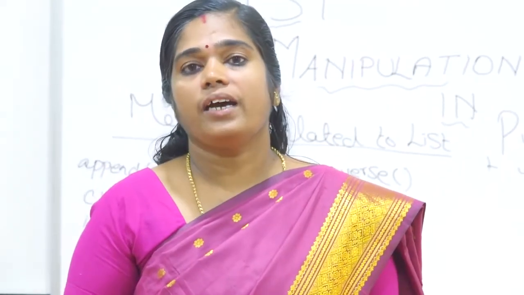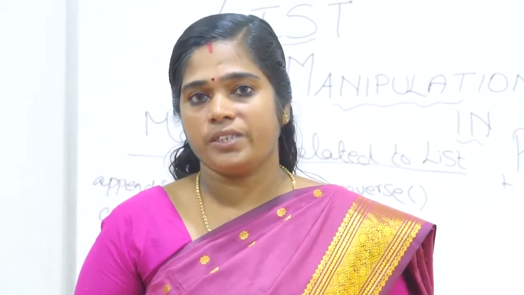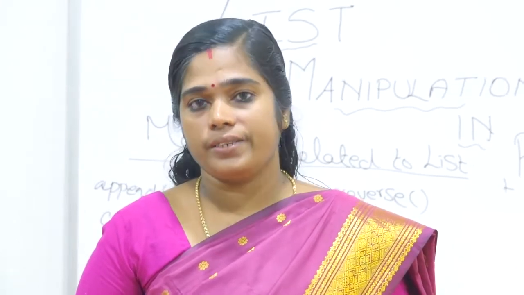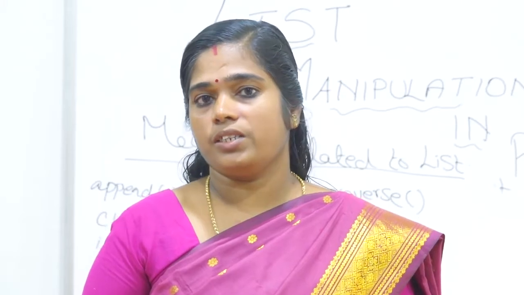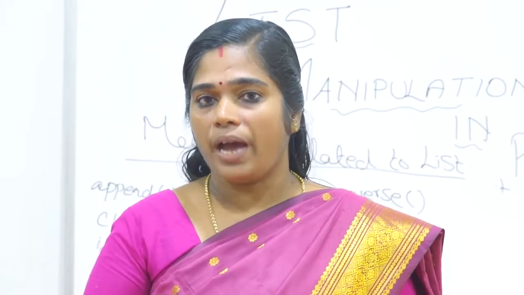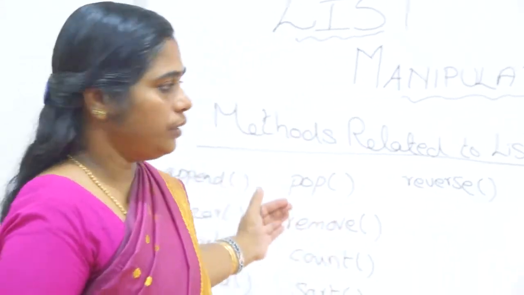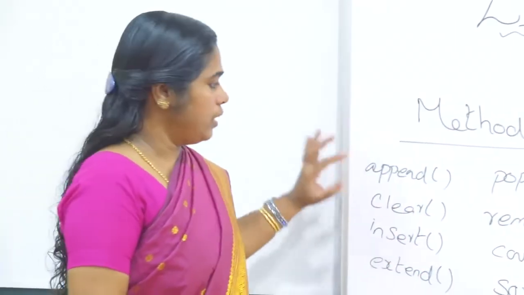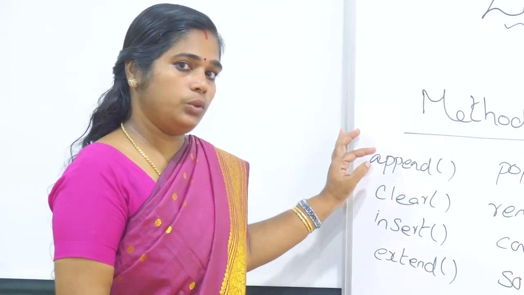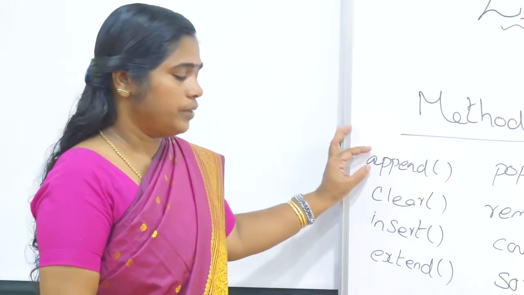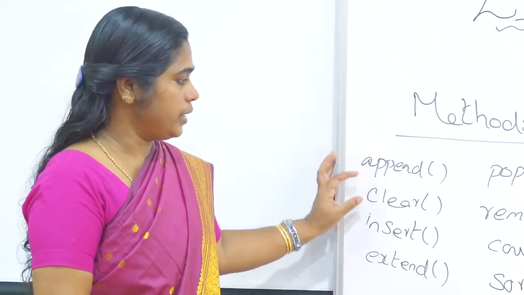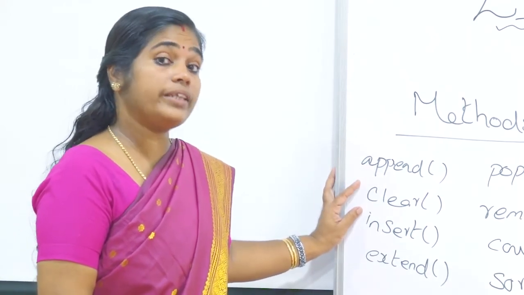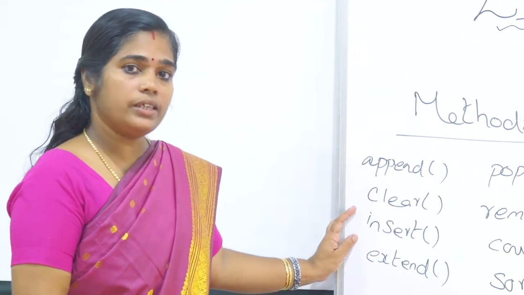In Python, there are various methods that help us to manipulate a list. These methods are built-in methods which help us in our program to manipulate the list for our needs. See, these are all the methods available in Python to manipulate the list. The append method helps you to add an element to the list. Clear removes all the elements in the list.